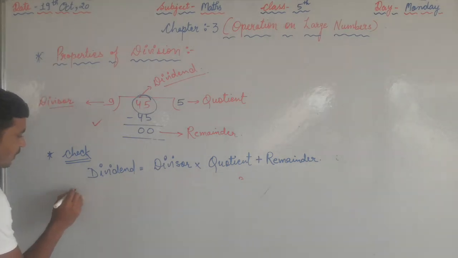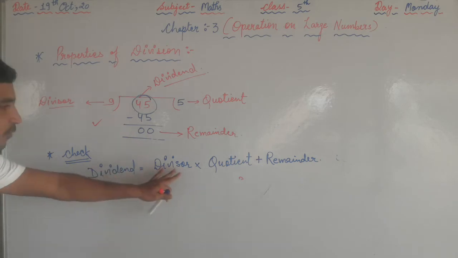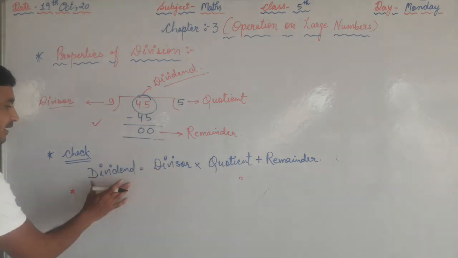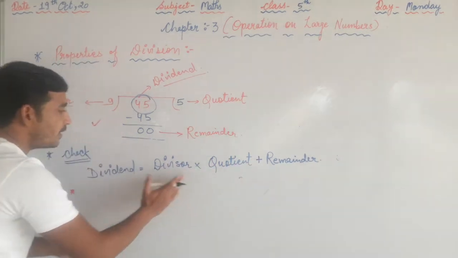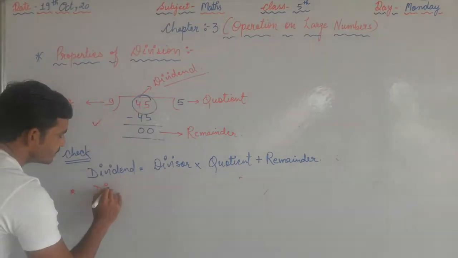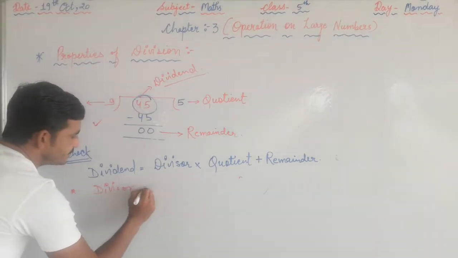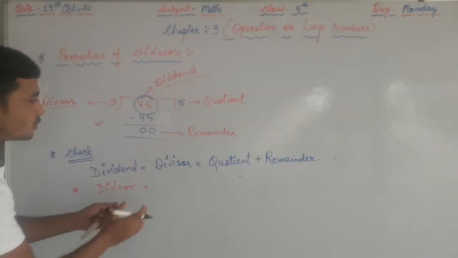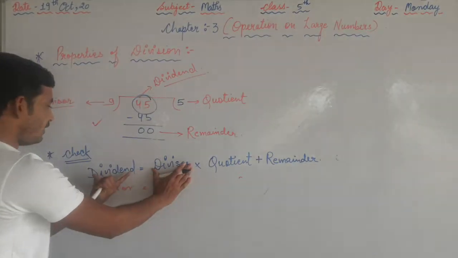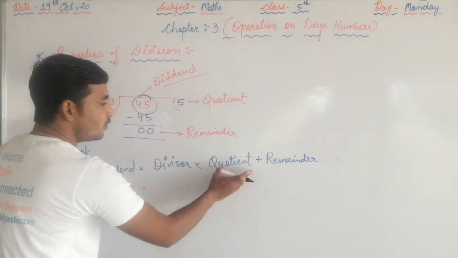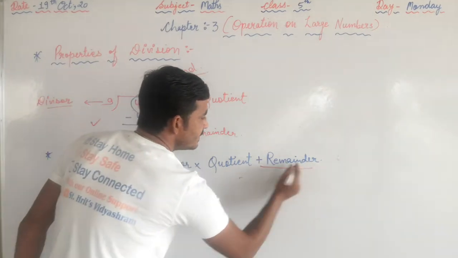Now we can extract more formulas from this one only. See here, dividend equals this. Now divisor equals, so you put divisor here only. Now dividend is there, so what you have to do? The remainder here is with plus.